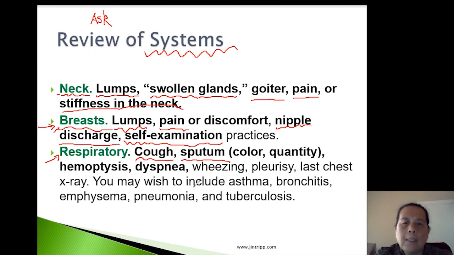If they have phlegm, we will ask about what color it is, like yellow or white. And quality, meaning sticky or thinner. And possibly some blood inside. Or the patient has other symptoms, maybe shortness of breath and wheezing.